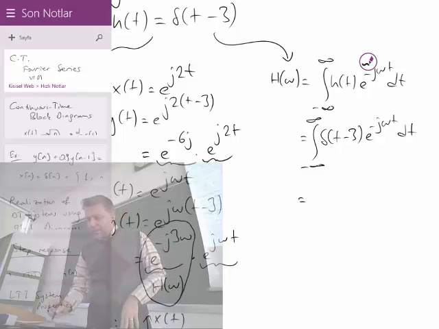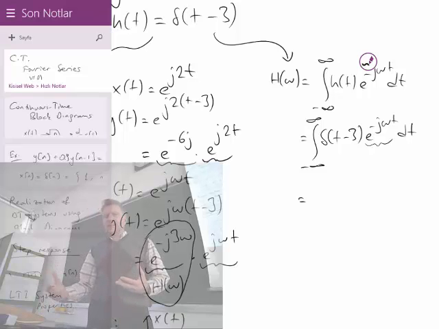What I mean is this. This will make the multiplication term, e to the minus j omega t, valid for t equal to 3 only. For other time instances, the impulse will be multiplying by 0. Do you understand that?